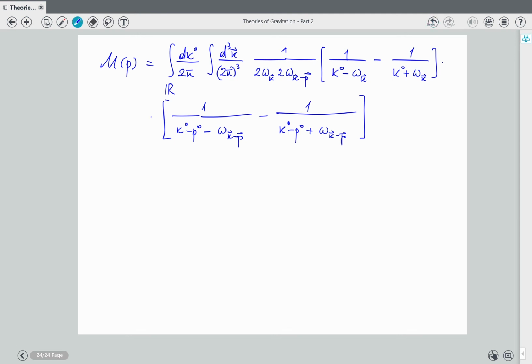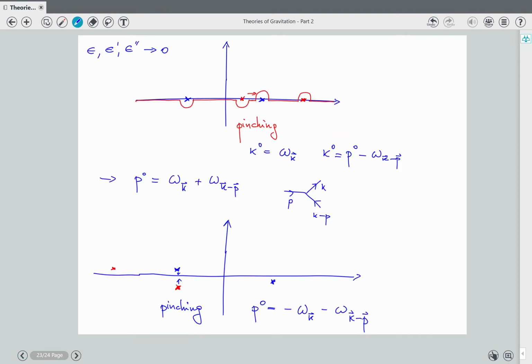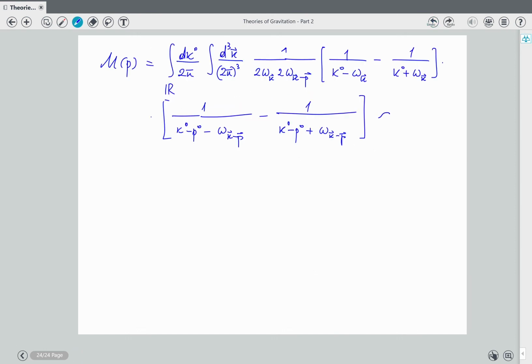So the residues are at both the left poles or the right poles. Let's pick the right ones. We do not care about the sign, the 2 pi i or whatever, but you can make everything precise if you want. So the two right poles will give the same contribution, by the way.